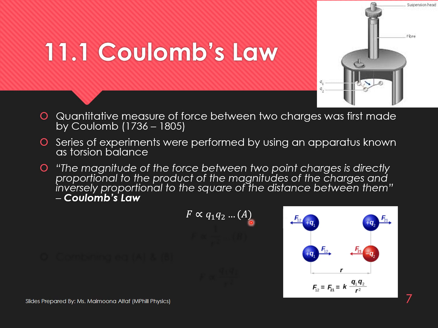Mathematically, it is given by equation A. The second part of his statement is that the force is inversely proportional to the square of the distance between them, which is given by equation B. So by combining equations A and B, we get F is proportional to Q1 Q2 and inversely proportional to r squared, where Q1 and Q2 are the magnitudes of the charges while r is the distance between them.